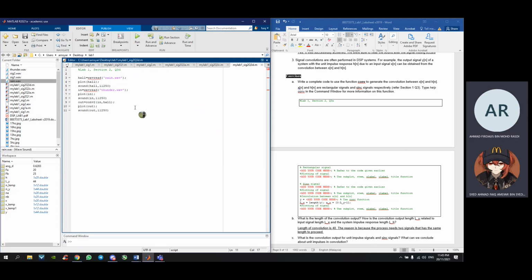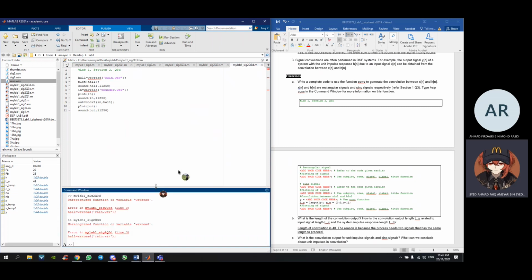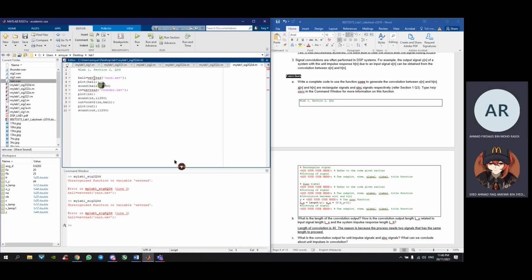Last one, we're going to test the sounds that we downloaded on our own, where the first one is rain and the second one is thunder. Save and run. It seems like there is an error there. Oh yes, we need to change it to audioread.